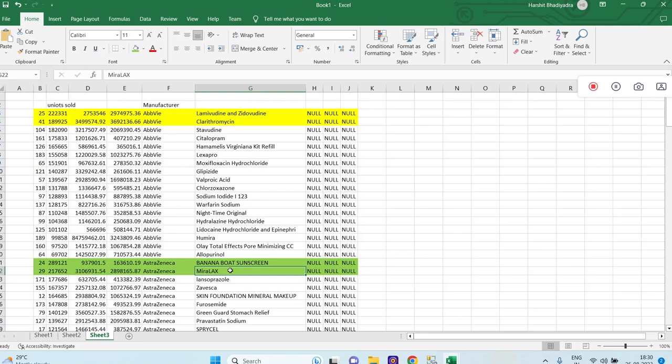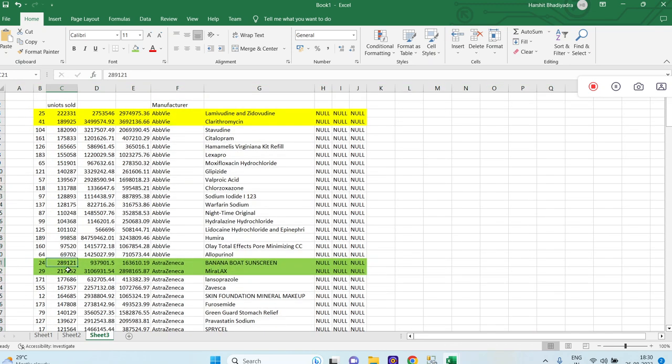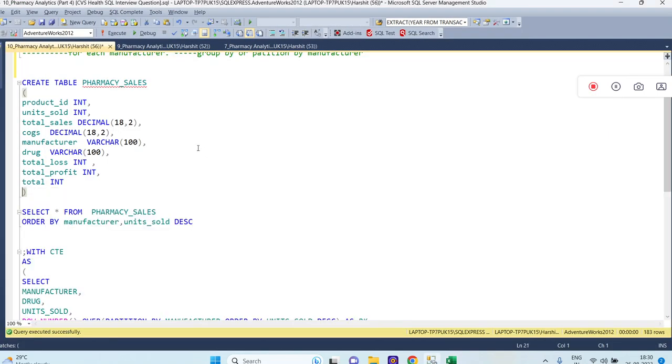And for that, if you see in the units sold column, these two are the top two drugs, descending by units sold, right?